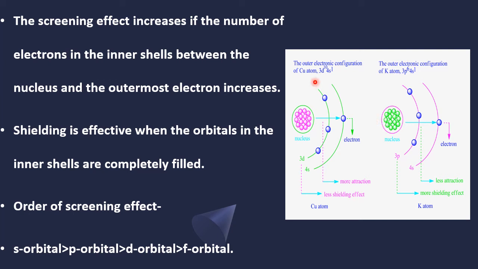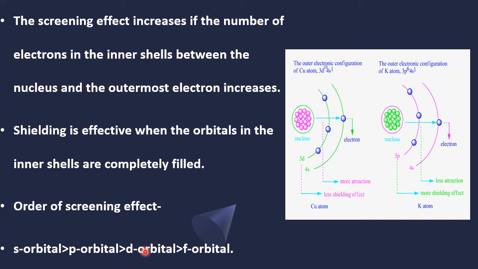But the problem is, with this one electron in the 4s, what is there before it? In potassium it is 3p, a dumbbell shape spread in the atmosphere. But compared to this, d is more diffused and spread in space, and can't cover properly. The p can cover to some extent, but d gives very less protection, very less shielding.